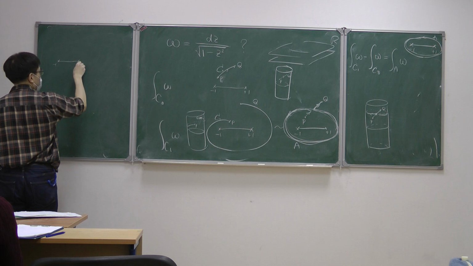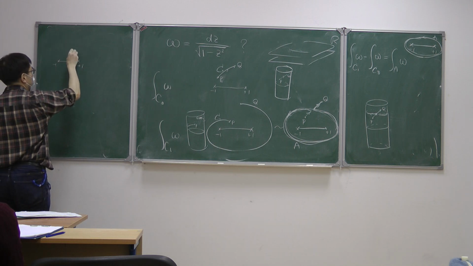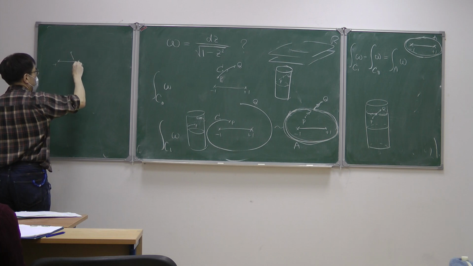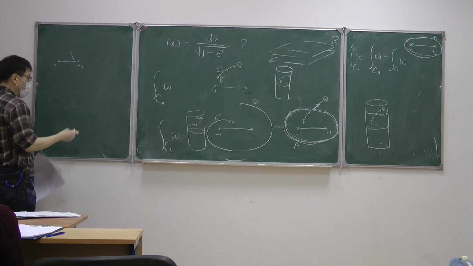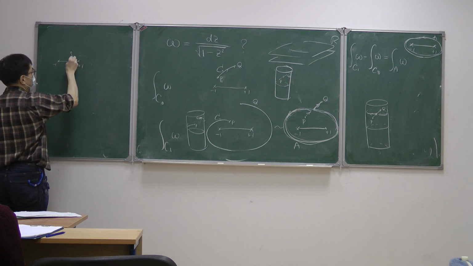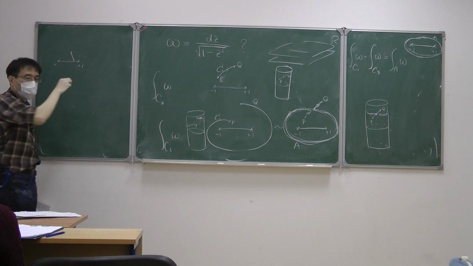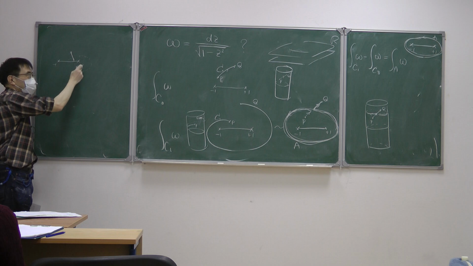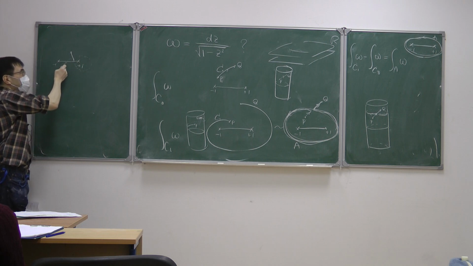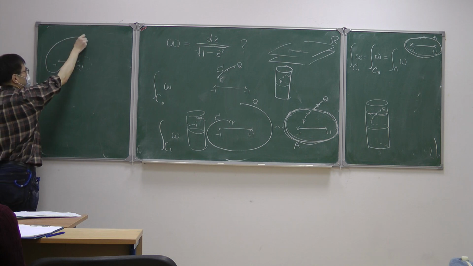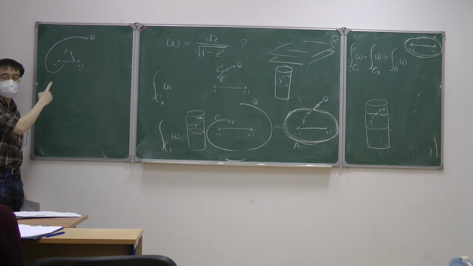For example, if we take a contour something like this, first on the upper sheet and then go to the lower sheet and return to the upper sheet and cut this.